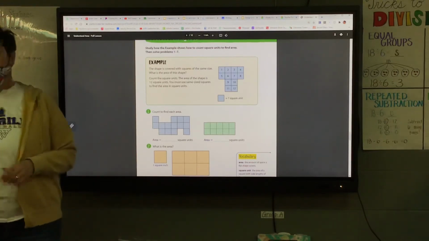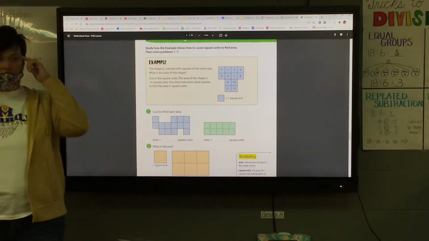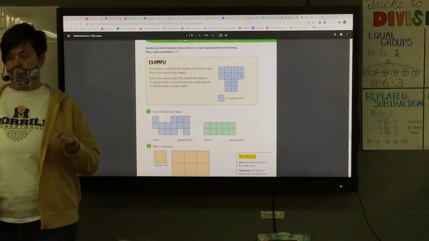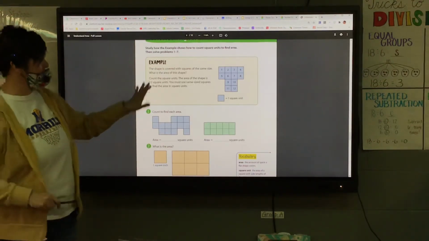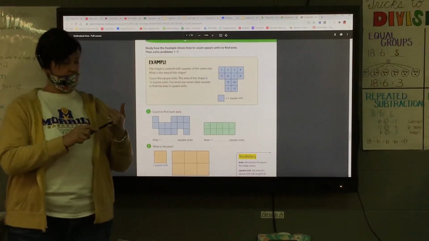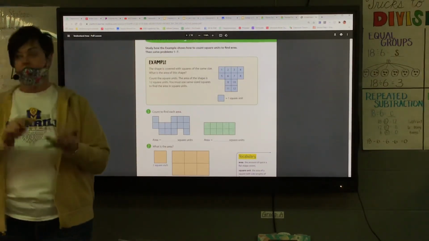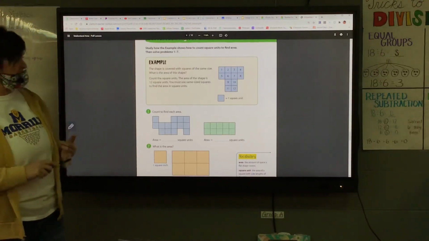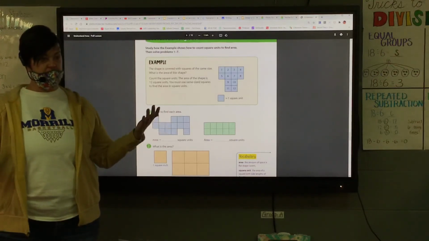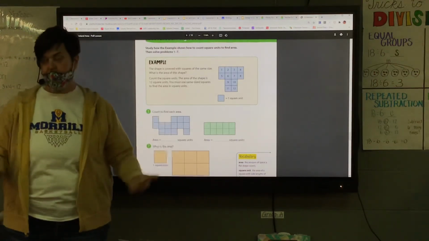All right, so pencil still down because you're going to listen to and look at directions. We talked about non-rectangular shapes and rectangular shapes. Rectangular shapes just means it's an actual rectangle.